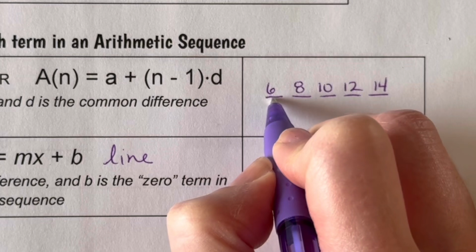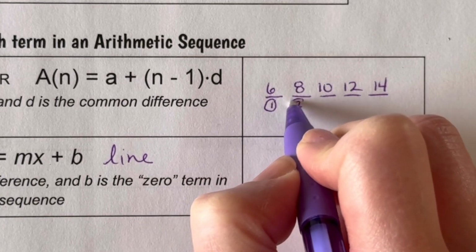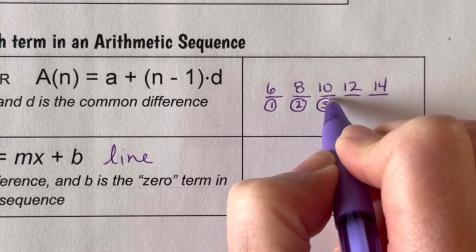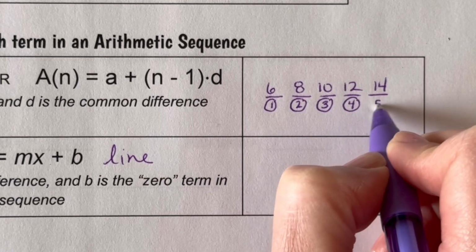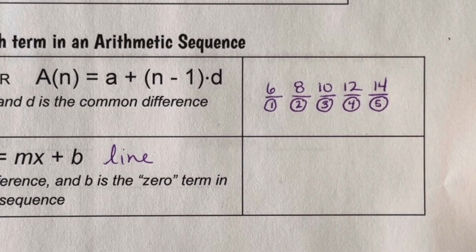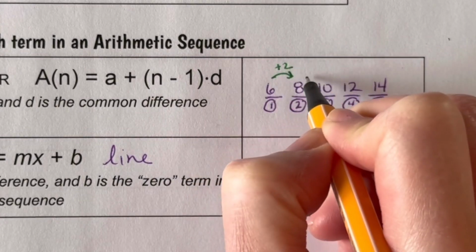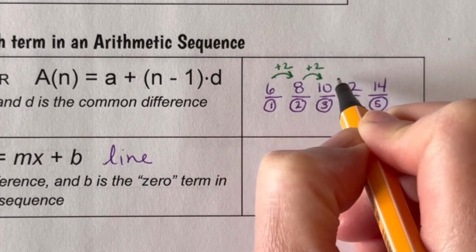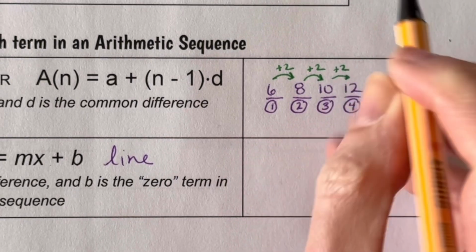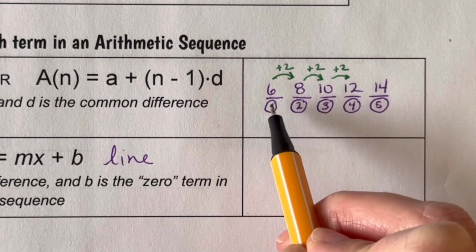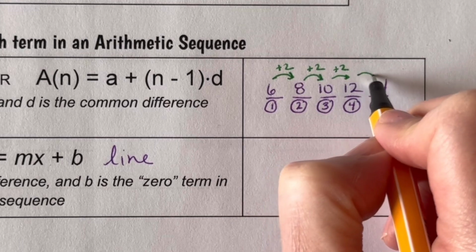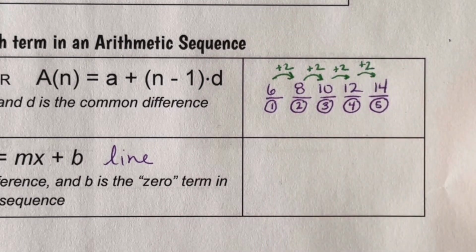So my first term is 6, my second term is 8, third term, fourth term, and fifth term. Okay, what does this mean? The common difference, basically you can see the pattern here. Each term is being increased by 2. Or the difference between the term and the term previous is 2. That's where we get the term common difference.